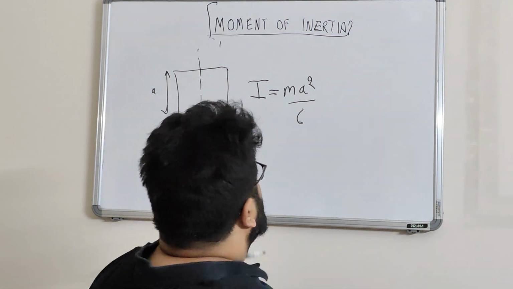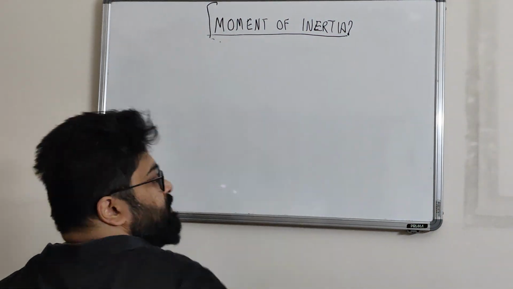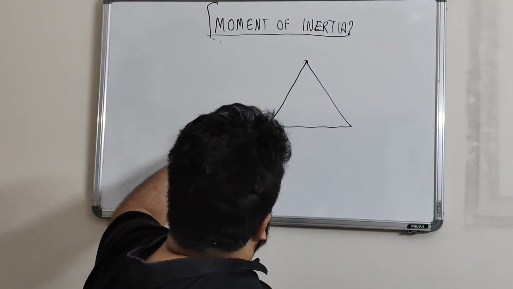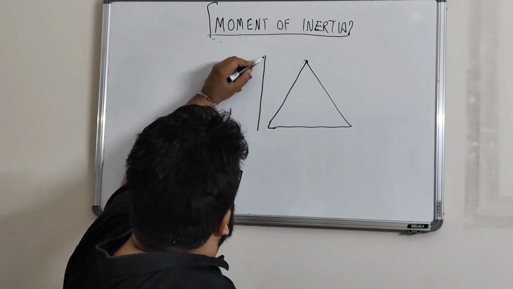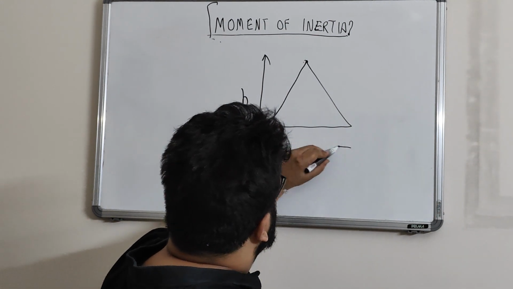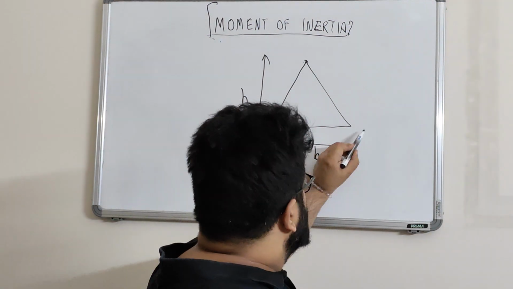For triangle, this one's interesting. It's a bit different, but not really. Okay. So imagine there's this triangle of height h and a base b. Okay. Now imagine the axis of rotation is along the base.